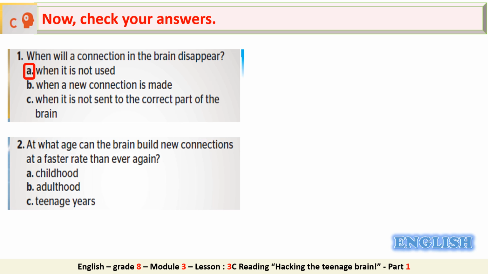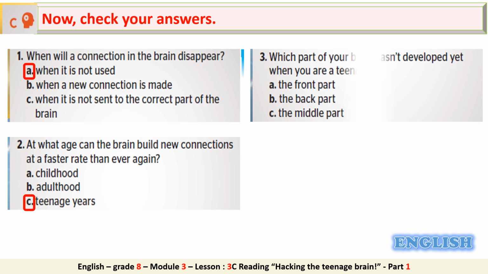2. At what age can the brain build new connections at a faster rate than ever again? A. At childhood. B. At adulthood. C. At teenage years. Excellent. At teenage years. C. 3. Which part of your brain hasn't developed yet when you are a teenager?